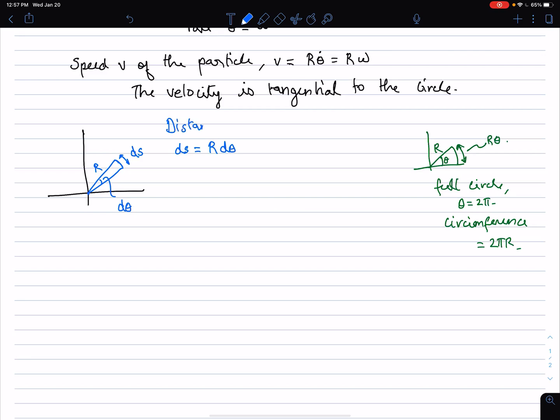Distance traveled in time dt equals ds equals r d theta, where d theta is angle change in time dt.